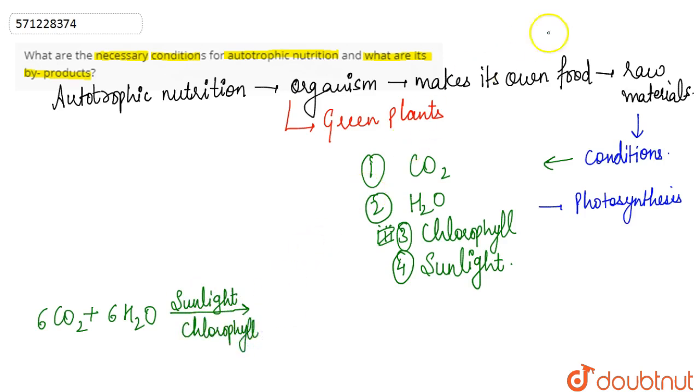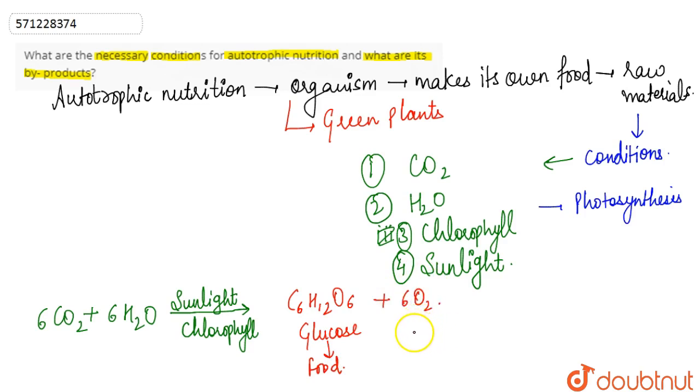The product formed is glucose, C6H12O6, which is basically the food of the plant that they prepare, and six molecules of oxygen are produced.